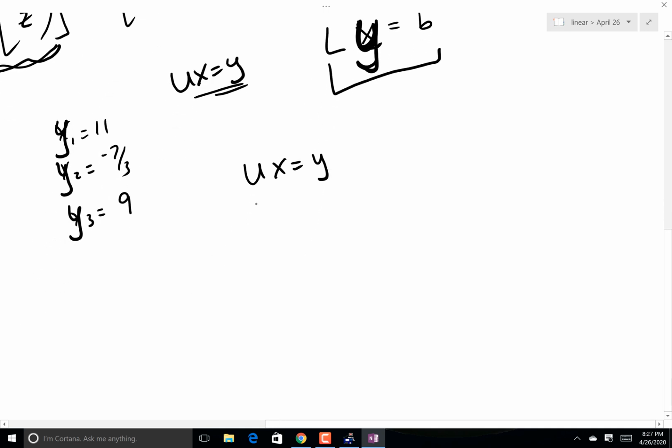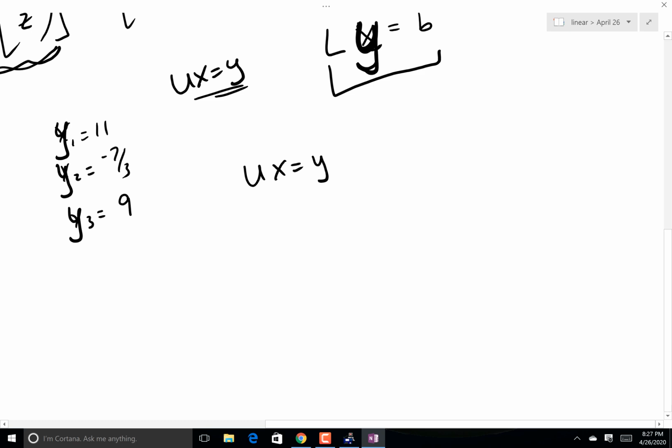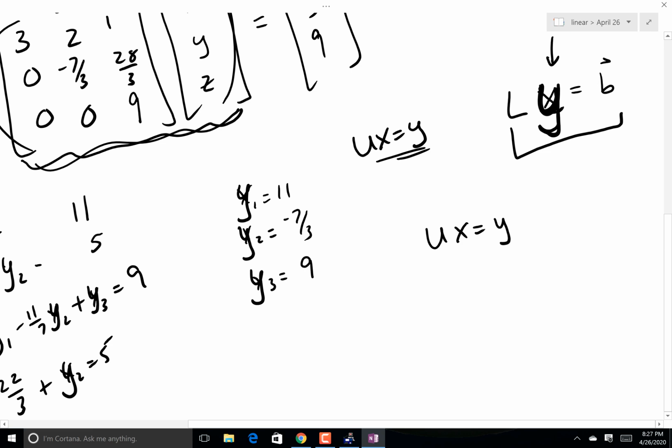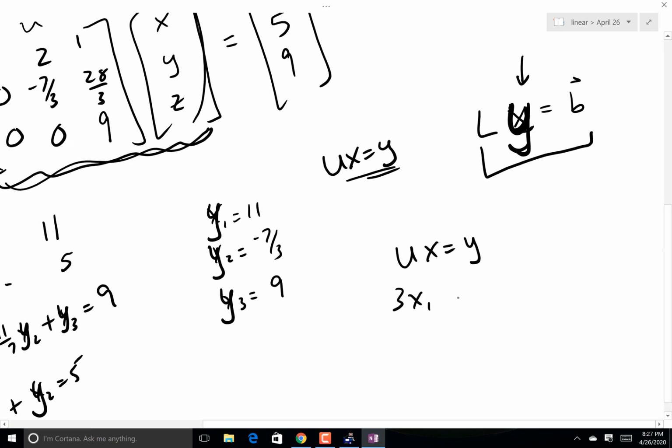So again, what we're going to have then is our upper matrix. And so our upper matrix was this guy, the 3, 2, 1, 1. So it's going to be 3x1 plus 2x2 plus x3 is equal to y, which is 11, right?